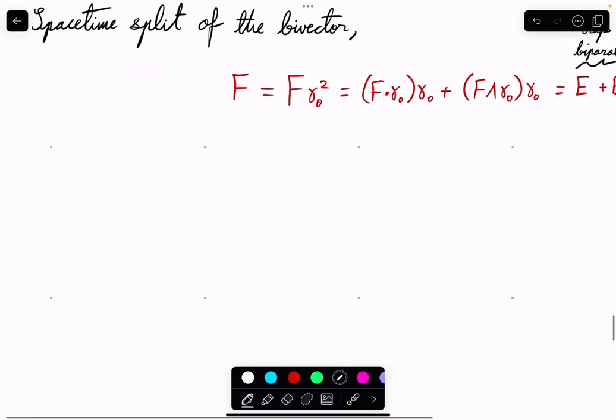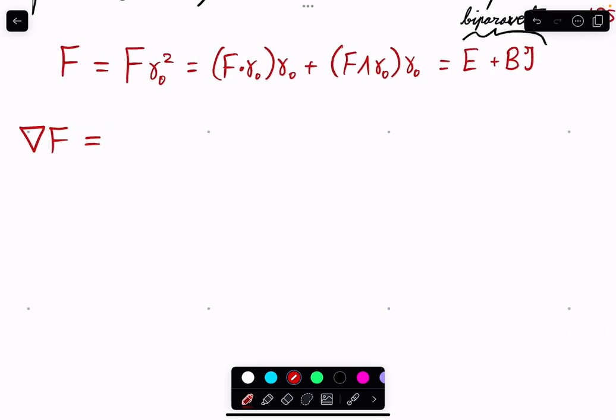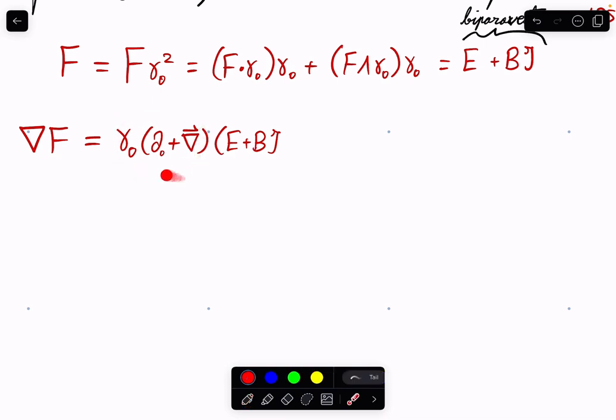So then if we consider the gradient of this, so we take the 4 gradient of this bivector, then it's the same as having gamma naught partial naught plus the 3 gradient times E plus BI, where this is just the definition of the space-time split for the 4 gradient, where we covered that in the gradients video.